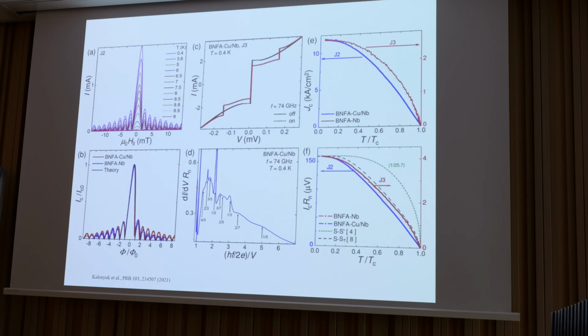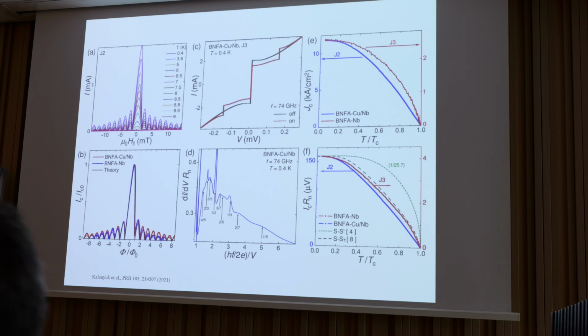What is the huge effect, however, if you look at the scales here? The ICRN product of pure niobium junctions is 4 microvolts. When we add copper, the ICRN product increases dramatically to more than 150 microvolts.